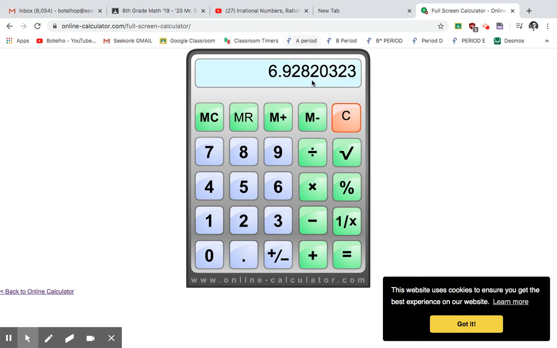Press equals, and it goes on like that. Notice there's no pattern in any of these numbers. So another one: we know the square root of 9 is 3, but what if I did the square root of 55? Again, that's irrational. It goes on forever with no pattern.